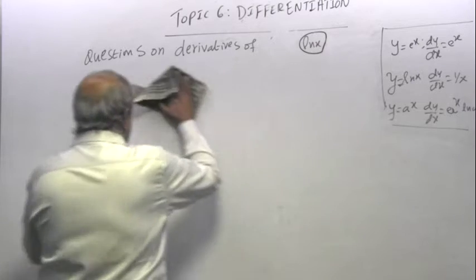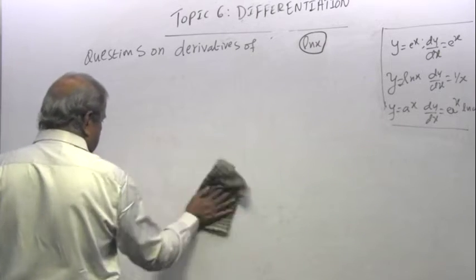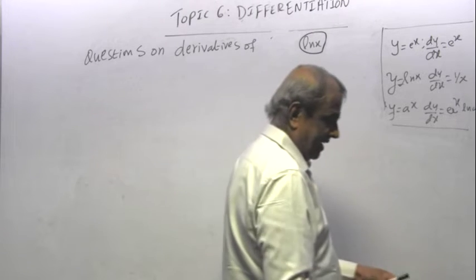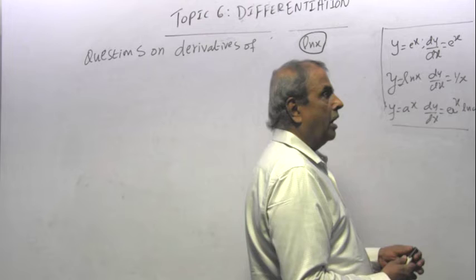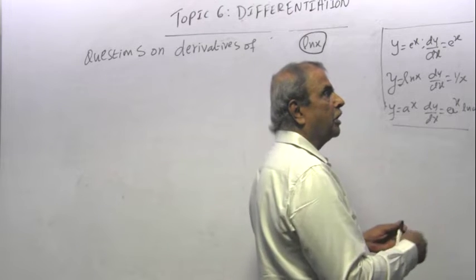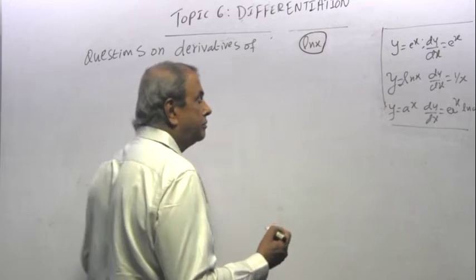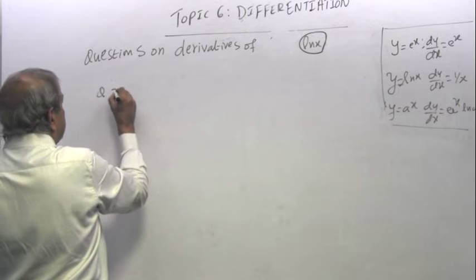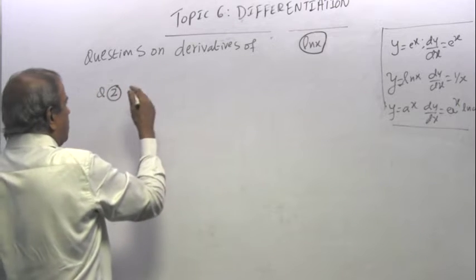And then I'll take one interesting but challenging question, which I hope does not come in the exam, but can definitely come. Let me just do this question before I go there. Okay, question 2. It could be 3, I'm not bothered.